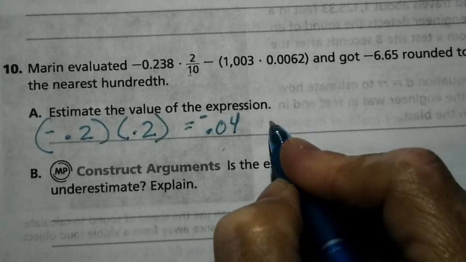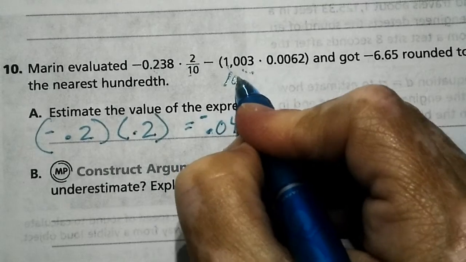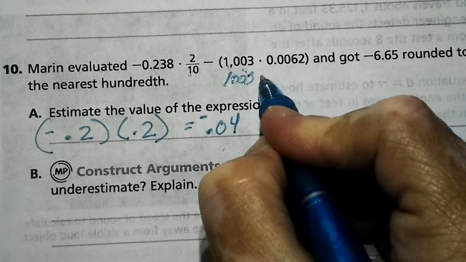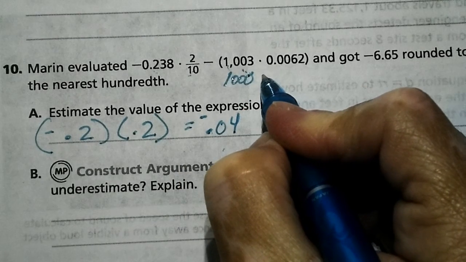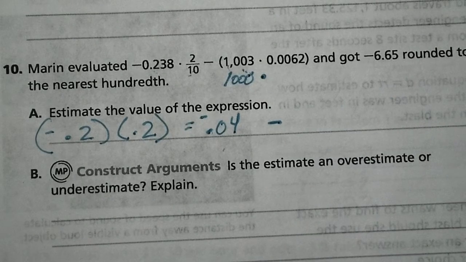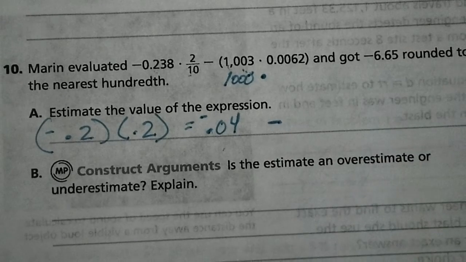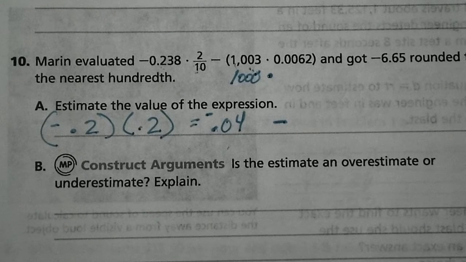Okay. Minus, I would round this to 1,000. And I would round this. Why did I round it to that? Well, I rounded it to 0.6. Super high.